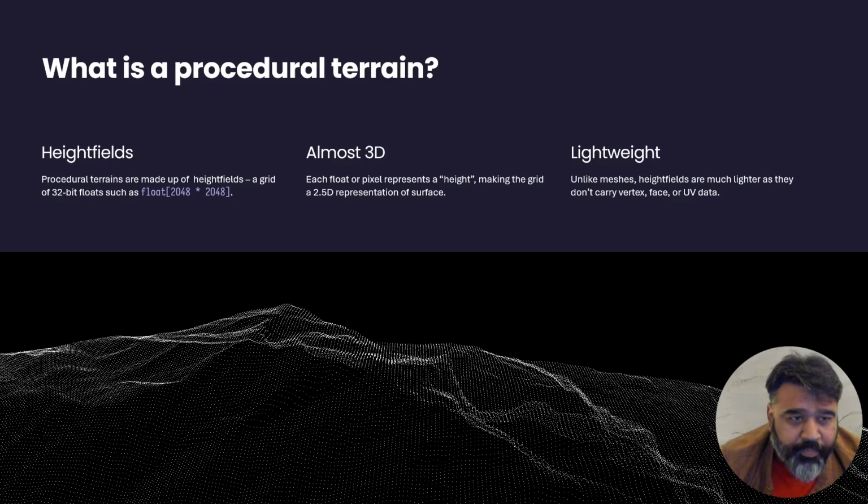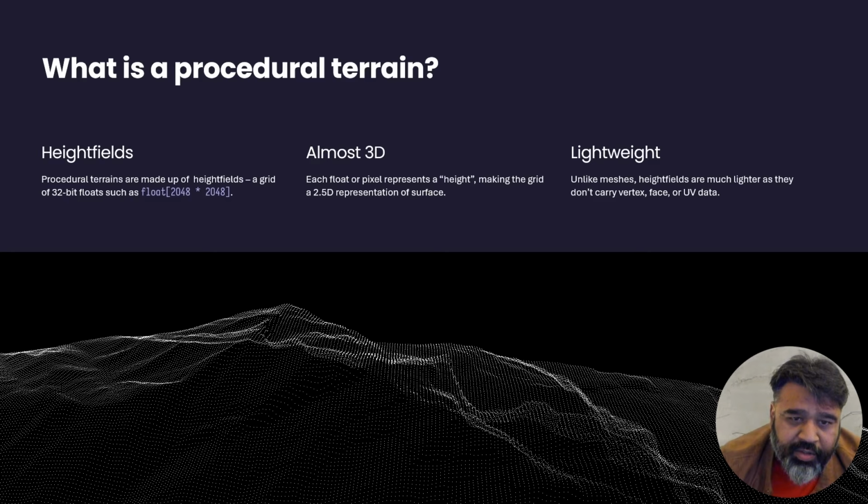These procedural terrains at their core are made up of height fields. A height field is basically a grid of 32-bit floats, such as 2048 by 2048. They always are square, at least as far as Gaia is concerned.